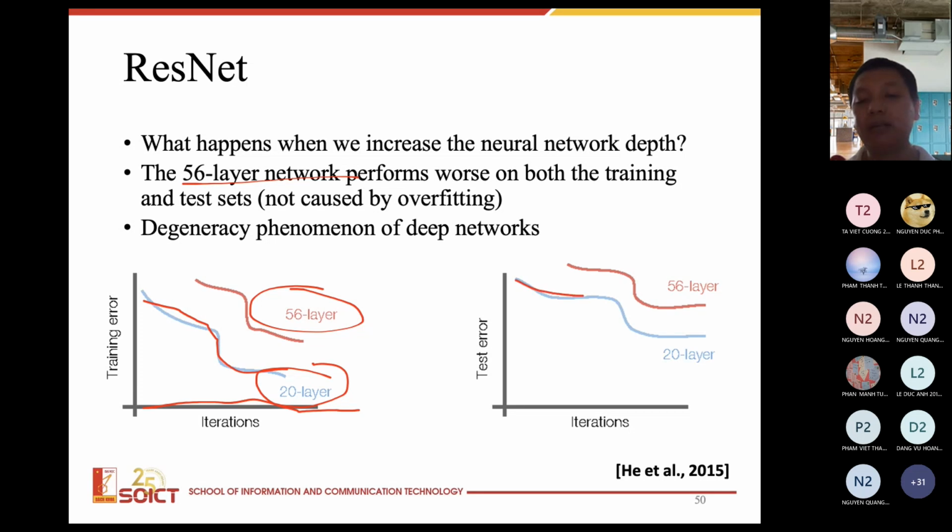The smaller network somehow performs better than the deeper network. And it is said to be due to the degradation phenomenon of neural networks, due to either gradient explosion or vanishing gradient.